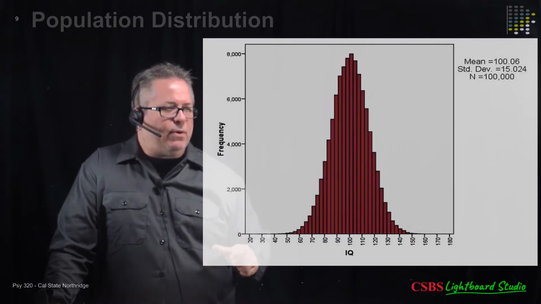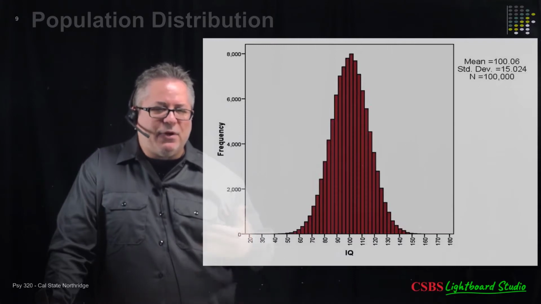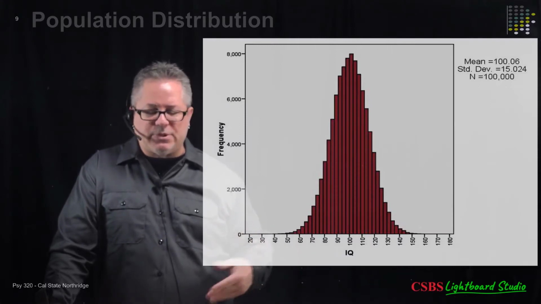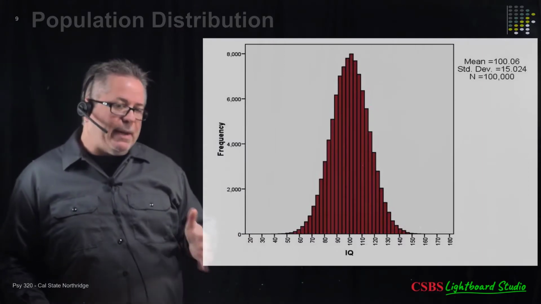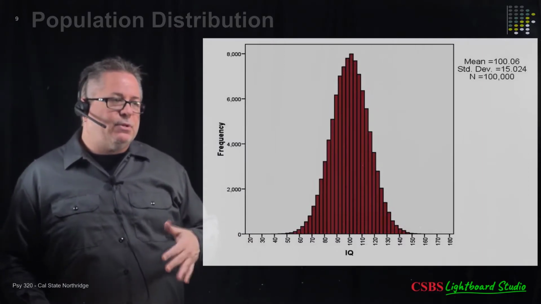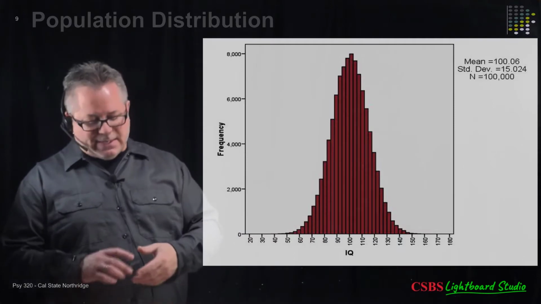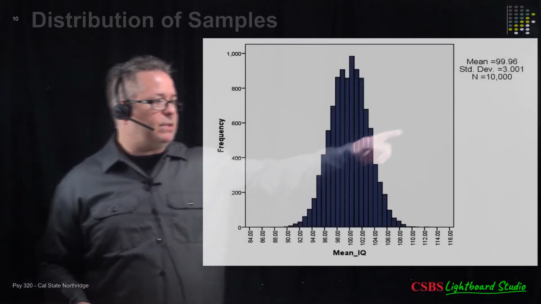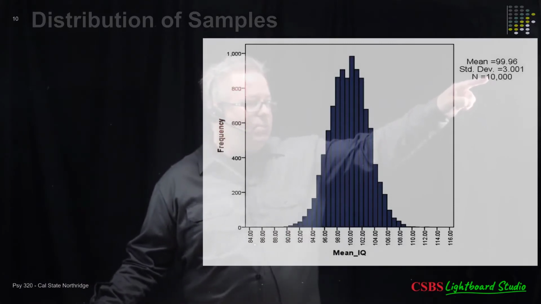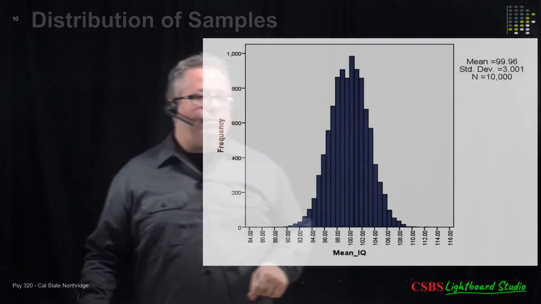So we need to figure out, well, how do samples of size 25 vary from sample to sample, so we know where our sample is and how it compares to other samples. So that's what I'm doing. I'm going to take 10,000 samples of size 25. I computed the mean of each sample.